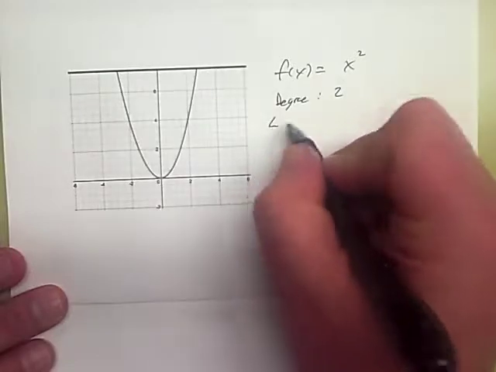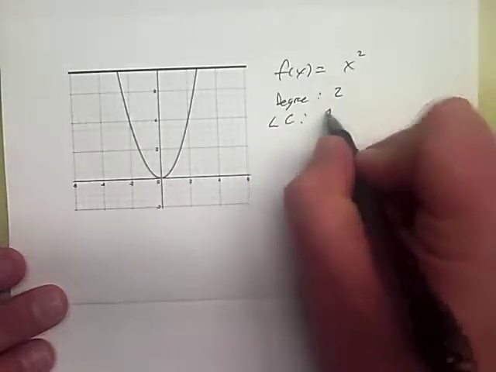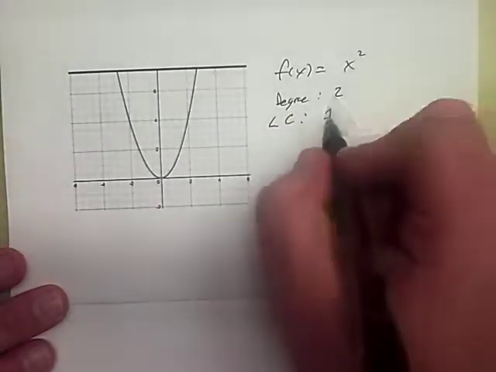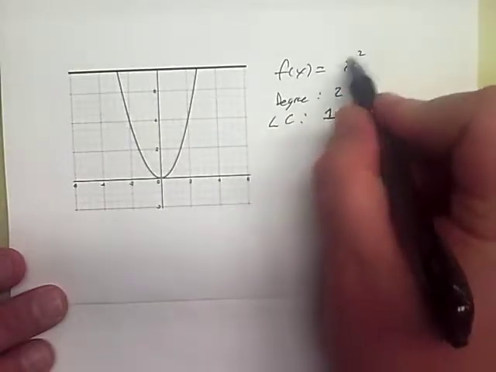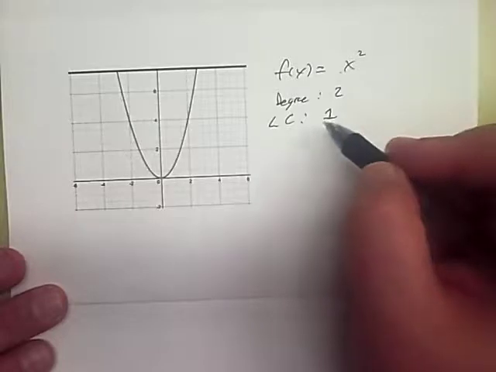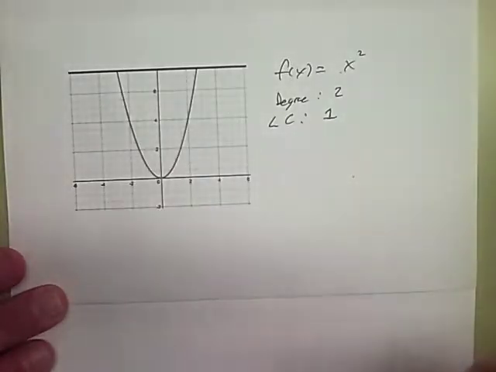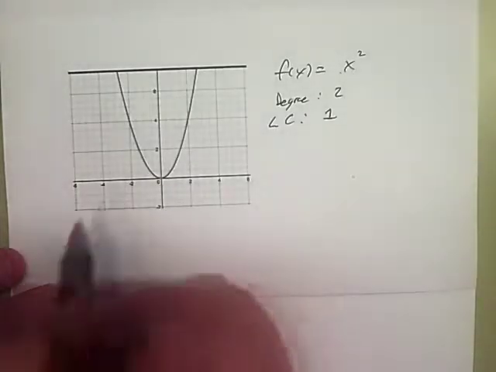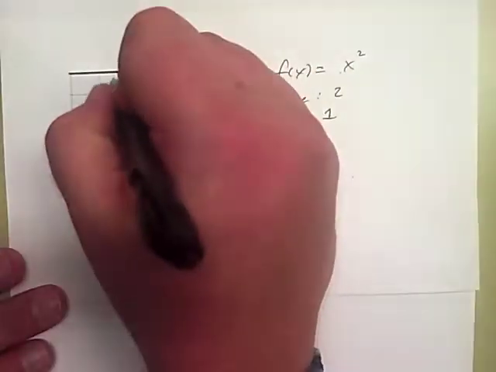Our leading coefficient is a positive 1, the number right here in front of x squared is just a 1. And whenever it comes to end behavior, what we're going to be looking at is the arrows that point.